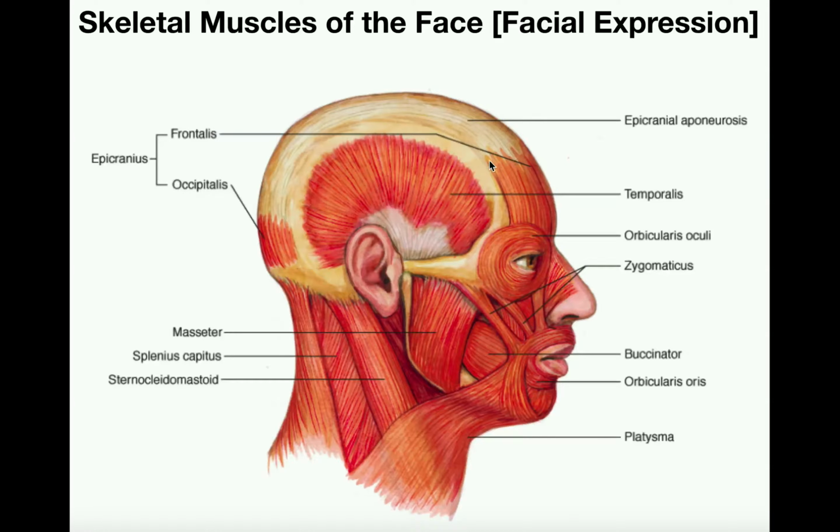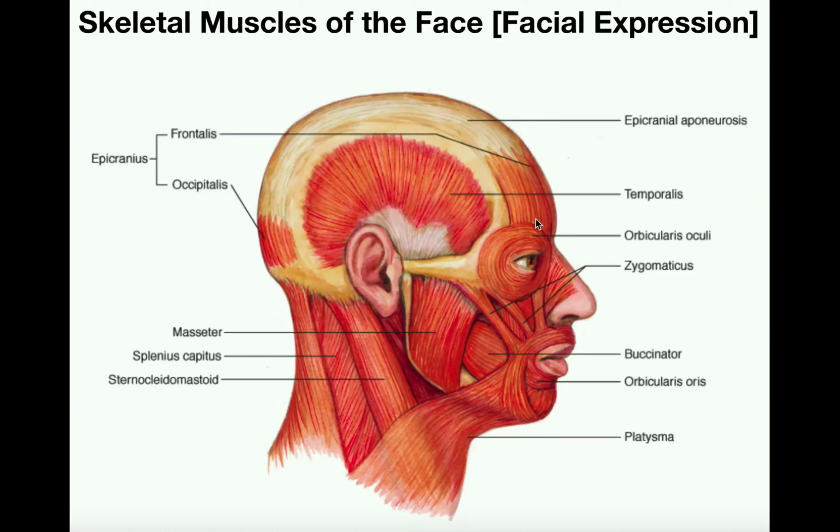So here's the origin. And then the insertion of the frontalis, there's actually two ways to think about it. One, this muscle actually will fuse and sort of interdigitate with some of the other muscles that are right here, such as the orbicularis oculi. But most importantly, the insertion of this frontalis muscle is really the fascia that's underlying the skin of the forehead and also near the eyebrows.